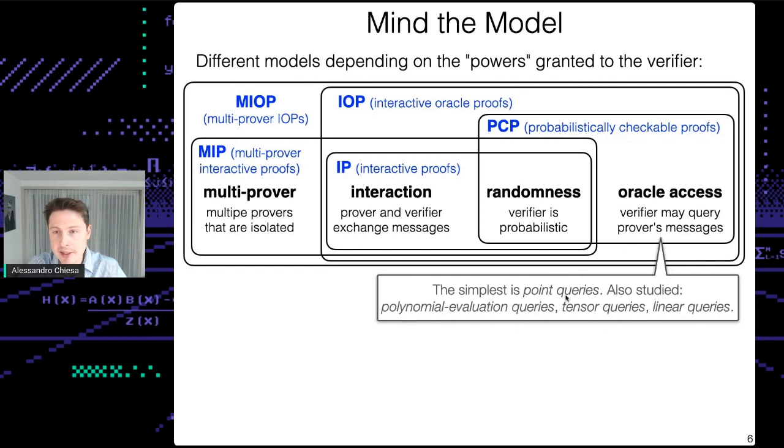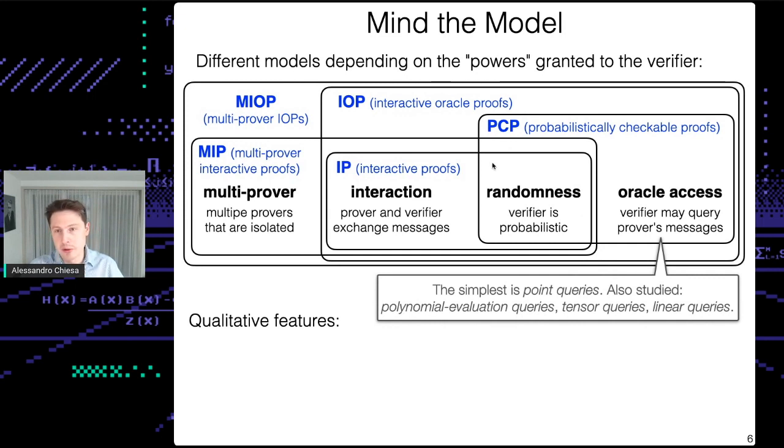The simplest is that you can query a location of the proof, but people have also studied richer, let's say, query access interfaces. For example, you may request a polynomial evaluation of the proof, or a linear combination of the proof with some tensor vector, or just any arbitrary linear combination with the proof. Okay, so all of these have been studied and they give different types of PCPs. We'll come back to this later.